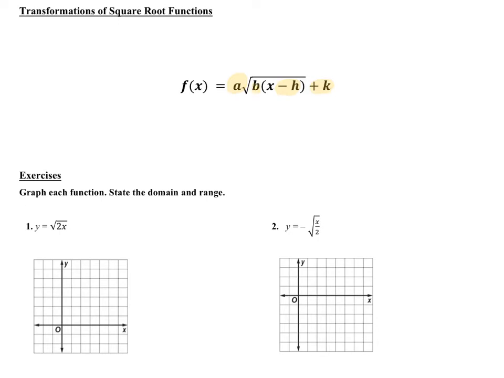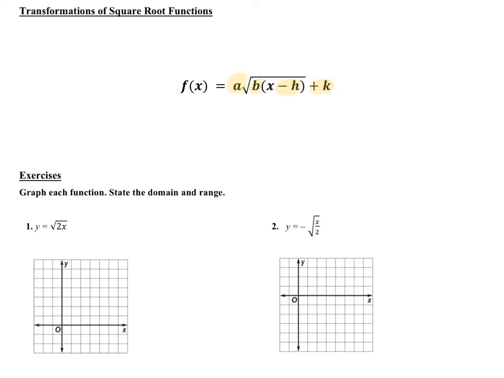All right, and then finally with the b value, if you put a negative in there, it reflects it across the y-axis. So if there's a negative inside the radical, the graph gets reflected across the y-axis. And then the absolute value of b tells you which way it stretches or gets compressed.